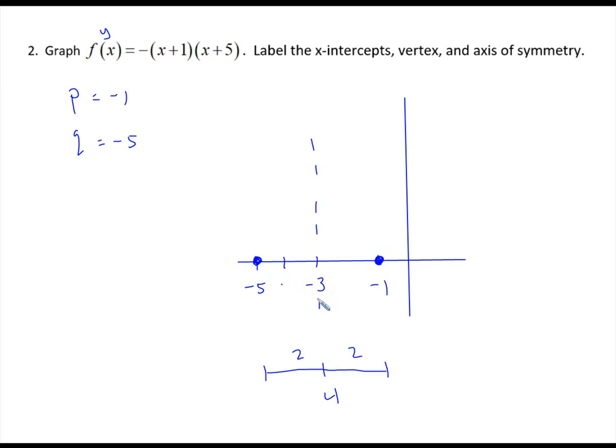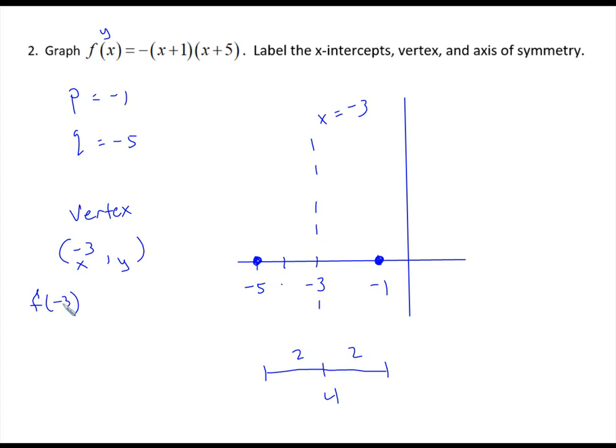So since we know the axis of symmetry, the equation is going to be x equals -3, that means that the x value of the vertex is the same as the axis of symmetry, so -3. And then to find the y value of the vertex, we just plug it in the equation. So we have f of -3, right?